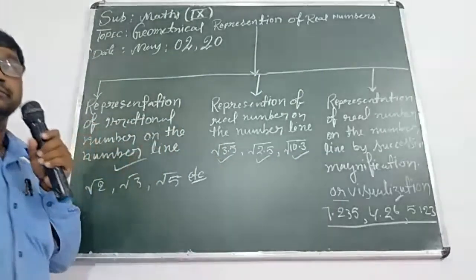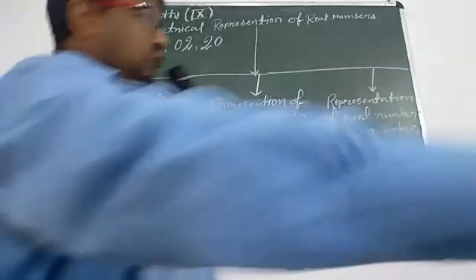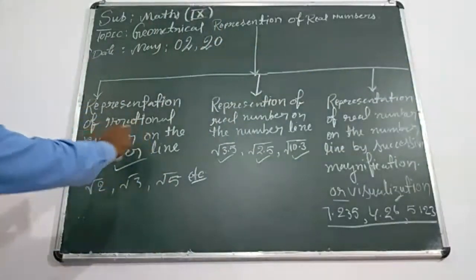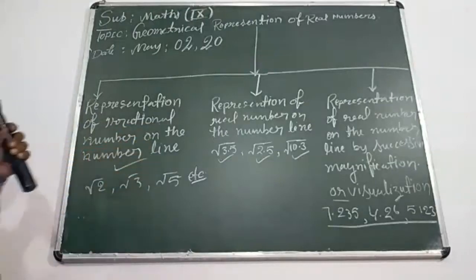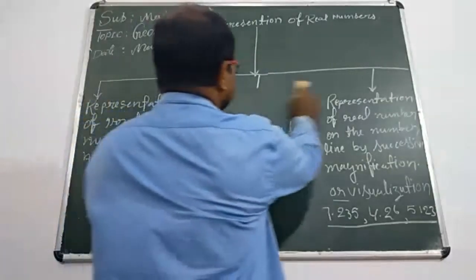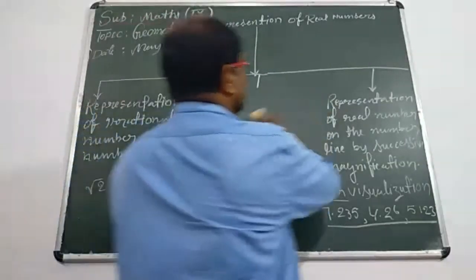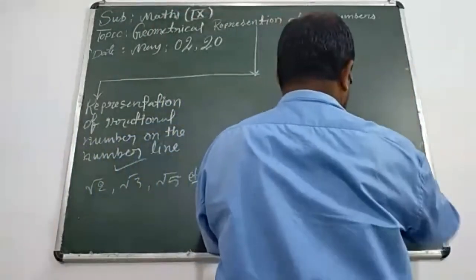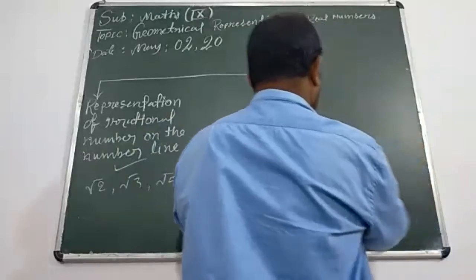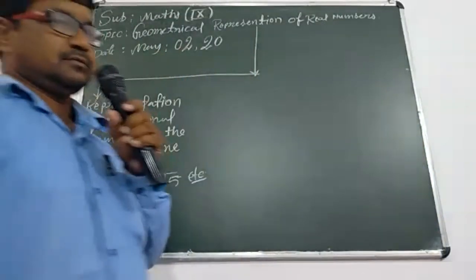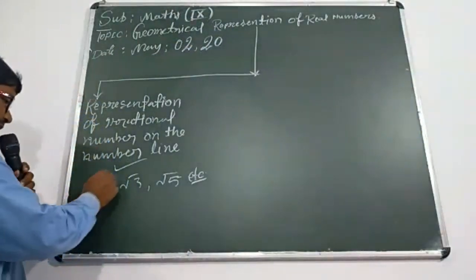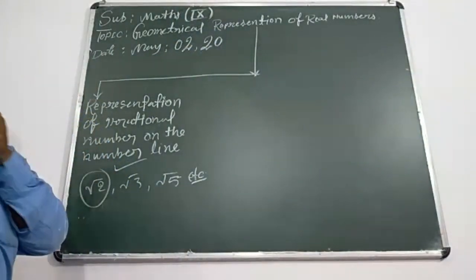Understood now? Okay, we are starting the first type of problem, representation of irrational number on the number line. Student, suppose that you have an irrational number, under root 2.